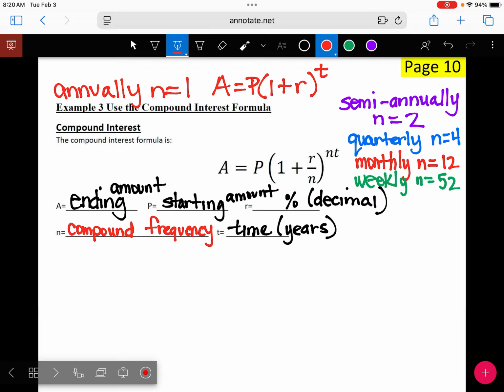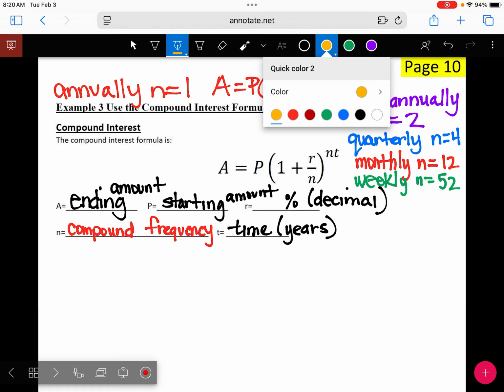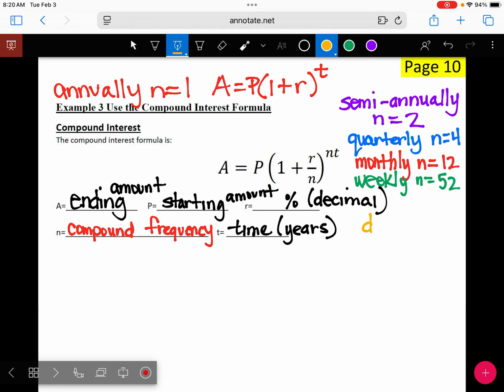And then our last one would be daily. Do we know how many days are in a year? Not a leap year, but a regular year. 365. These are your N values, and they're going to change for each question.